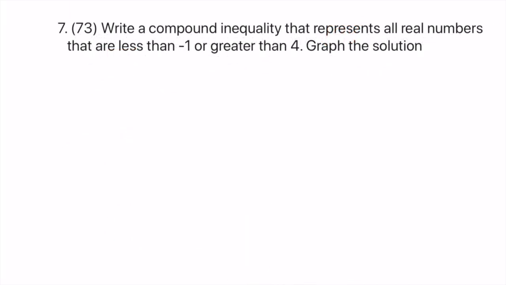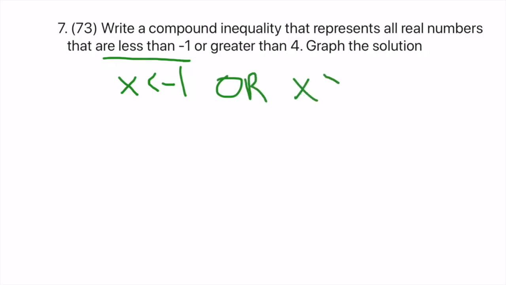Number 7, write a compound inequality that represents all real numbers that are less than -1 or greater than 4. So first let's start with this one. Less than -1. So we want all numbers, or x, that are less than -1 or numbers that are greater than 4.